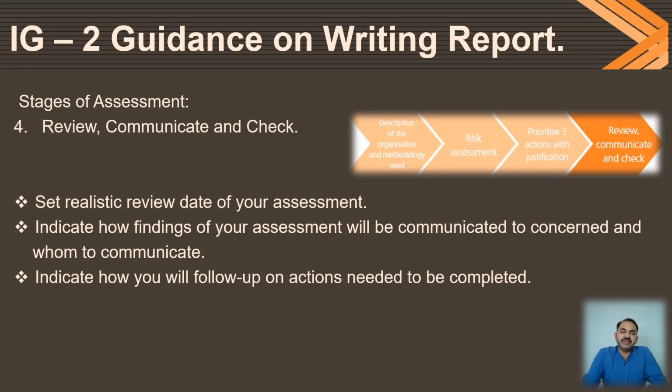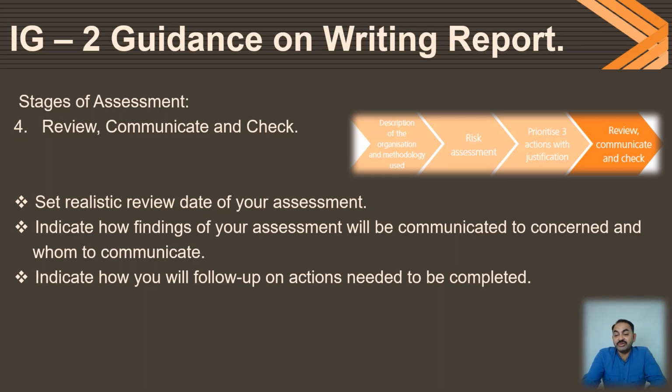So the last stage of your risk assessment is the review, communicate and check stage. In this stage, since we have already completed the risk assessment, we need to highlight a few things here. For example, setting a realistic review date for your risk assessment. You need to provide the next review date, and most of the time it depends on the nature of the business or the nature of activities.